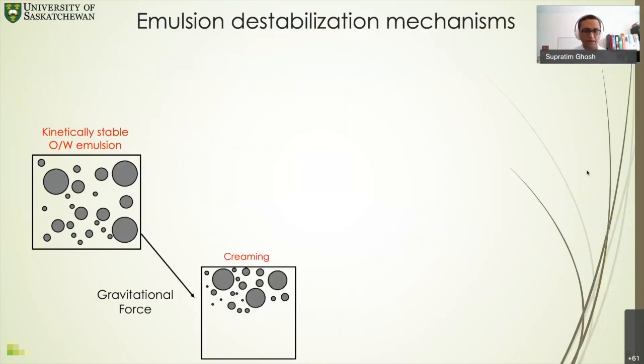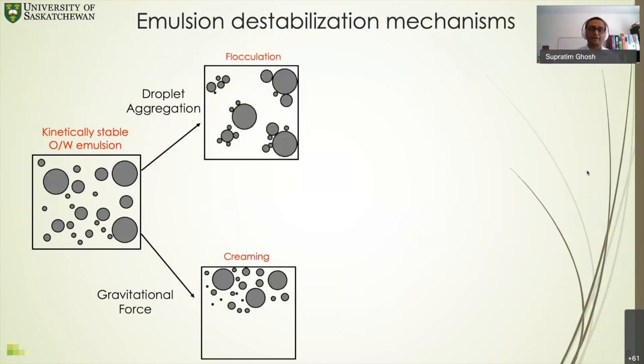We call it creaming. Now, if you don't have creaming, the oil droplets can also feel attraction between them, for various reasons that we will talk about in the next few slides, and droplets can aggregate.